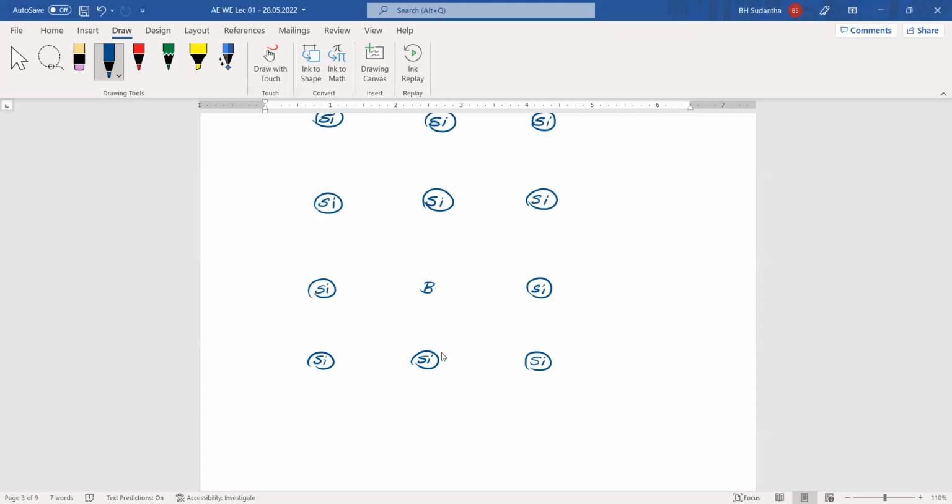After taking this boron into the structure, all these silicon atoms have 4 electrons in the outer circle, and they have bonds like this.